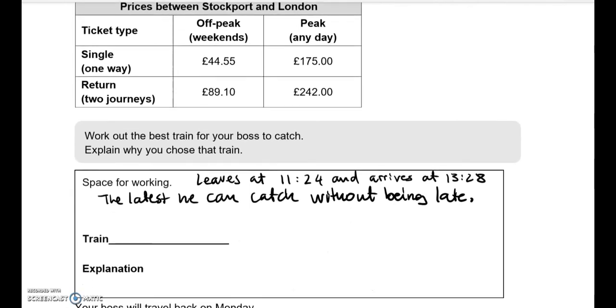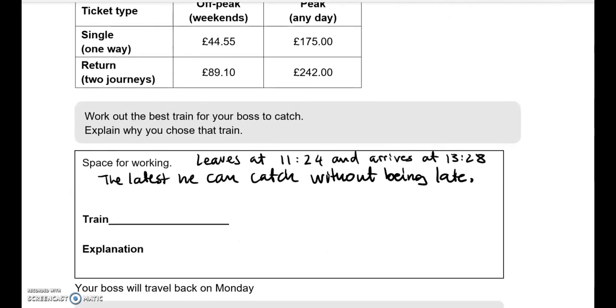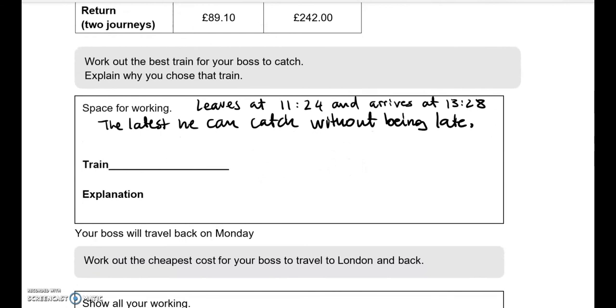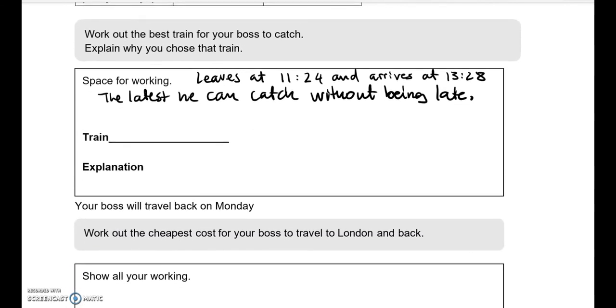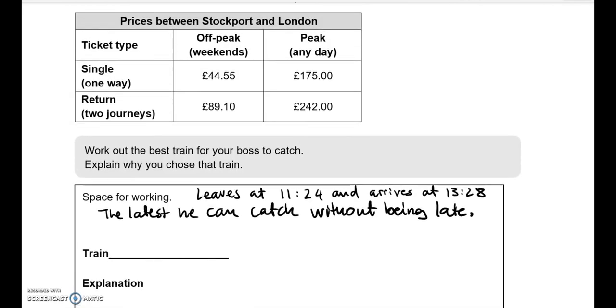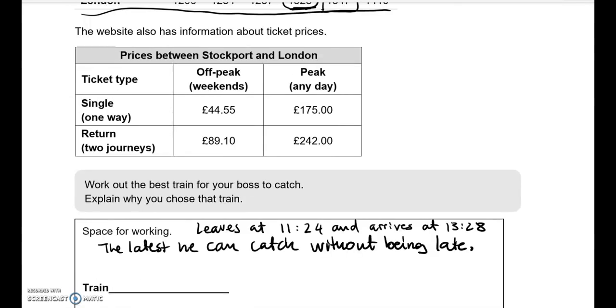The next part of the question is your boss will travel back on Monday. Work out the cheapest cost for your boss to travel to London and back. We'll need to look at the prices. Because he's going at the weekend, which is off-peak times, and then coming back during peak times on Monday, he's got two options.